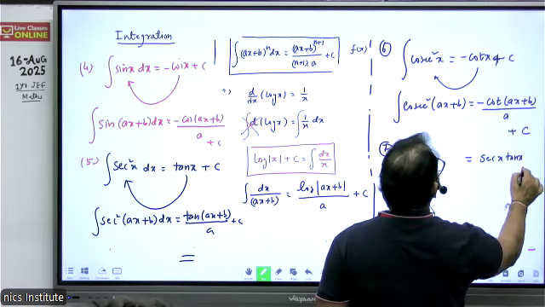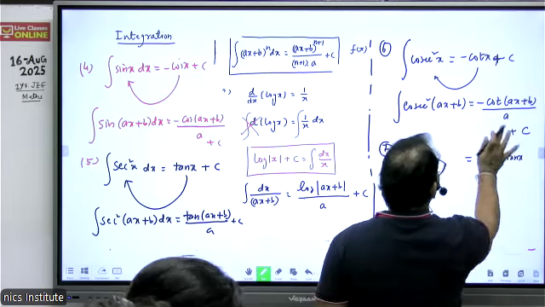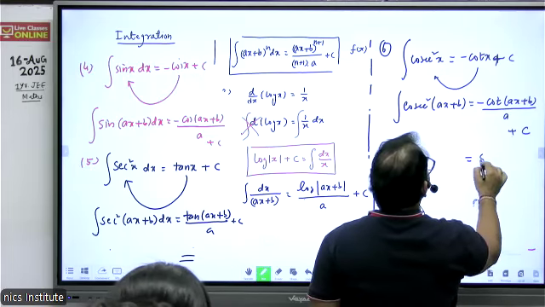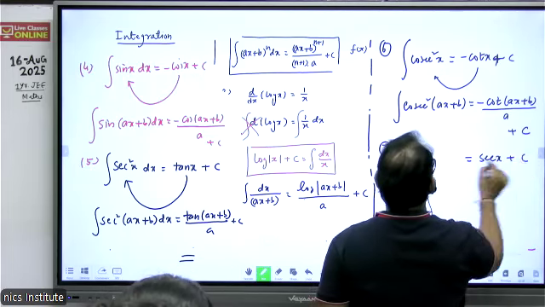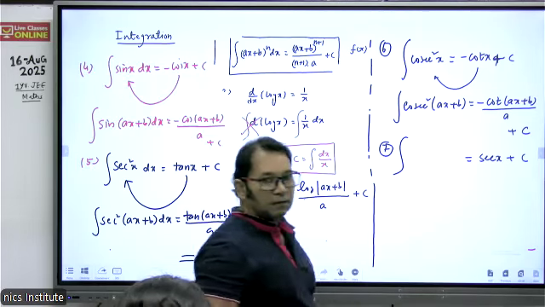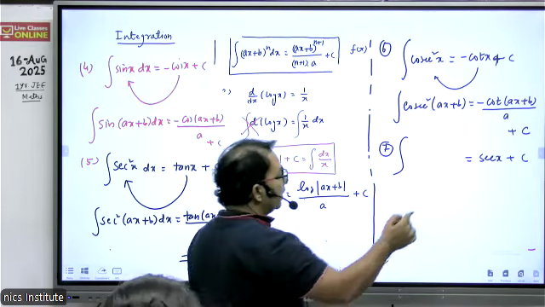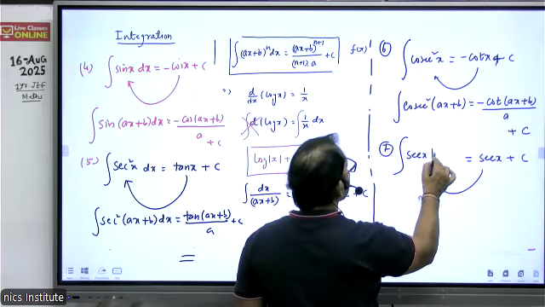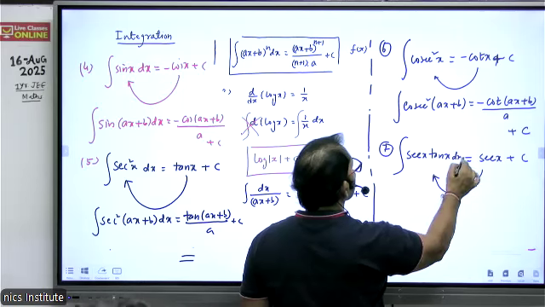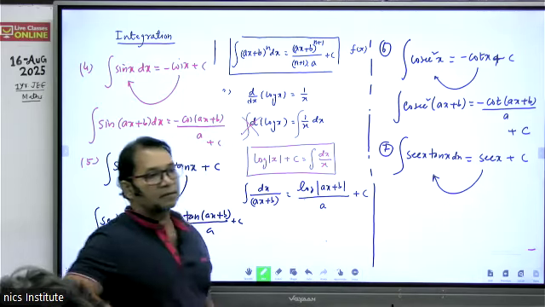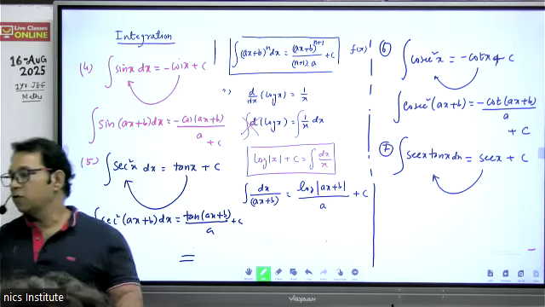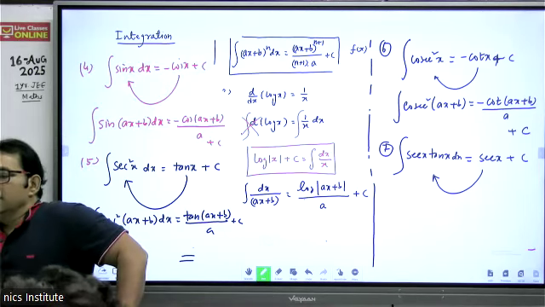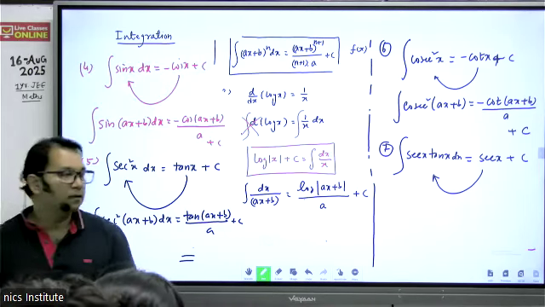Tell me, what is the derivative of sec x? Sec x tan x. Derivative of sec x is sec x tan x. That means integration of sec x tan x will be sec x.